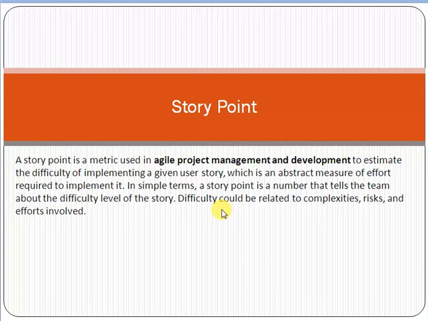Then in sprint 2, another 3 to 4 week period, we take the next 10 tasks. In sprint 3, we take the next 10 tasks, and plan, develop, test, and deploy. Then we reach sprint 4, where we take the last 10 tasks and plan, develop, test, and deploy them. Once we reach sprint 4, all the tasks have been completed and delivered to the customer.